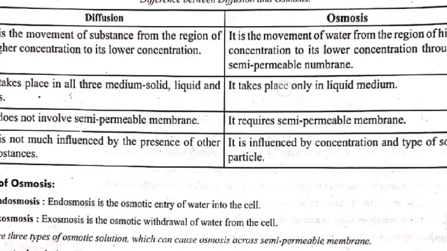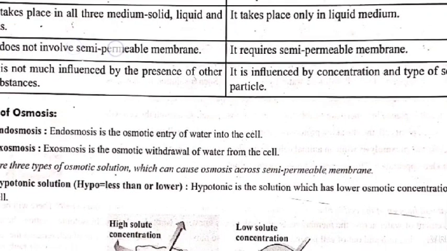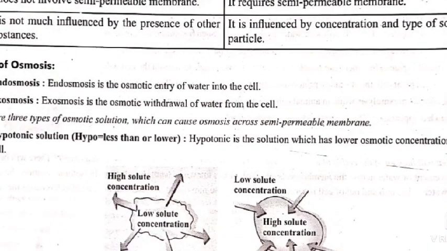Osmosis takes place only in the liquid medium. Diffusion does not involve a semi-permeable membrane. Osmosis requires a semi-permeable membrane. Diffusion is not much influenced by the presence of other substances. Osmosis is influenced by the concentration and type of solute particles.